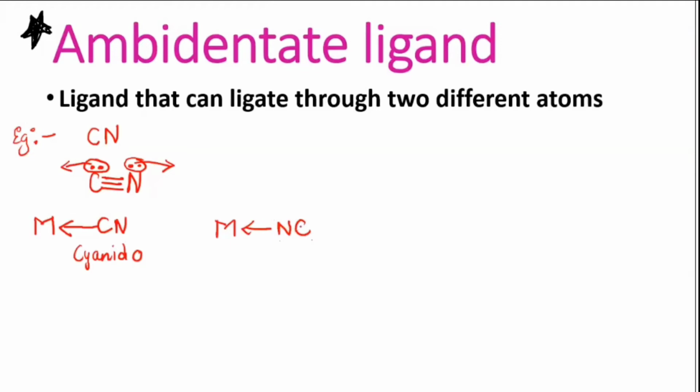So what we call this is isocyanido. If this is cyanido, then this will be called isocyanido, because their molecular formula is similar. Only the way they have ligated is a little different, so the name has changed to isocyanido. So you need to remember, if carbon is linking, that is cyanido.